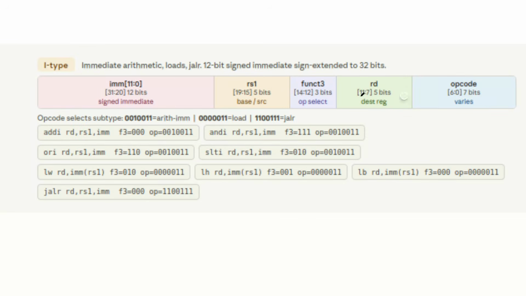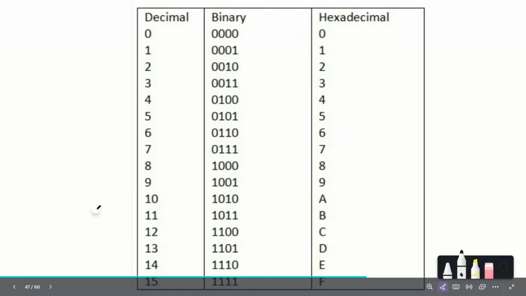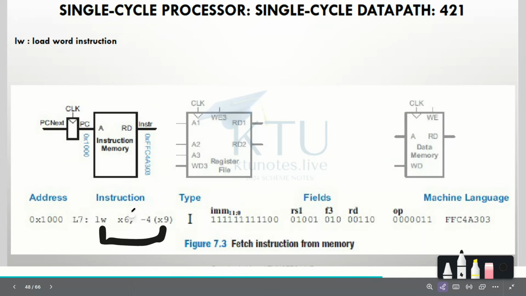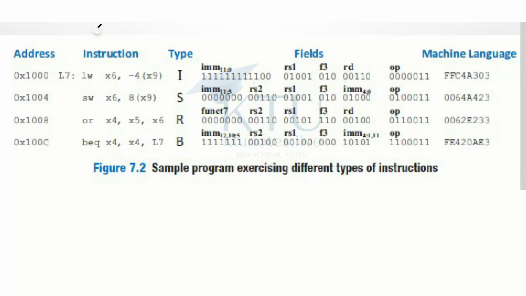First you have to convert this instruction into a binary number, that is, its machine language. So first of all, we will see how this load instruction of type I is converted. We have already learned how to do that, but let's see.